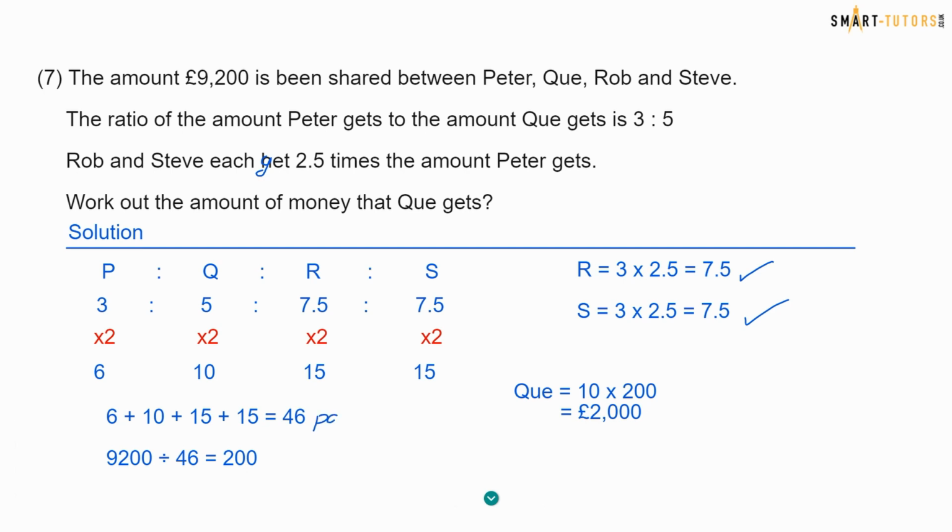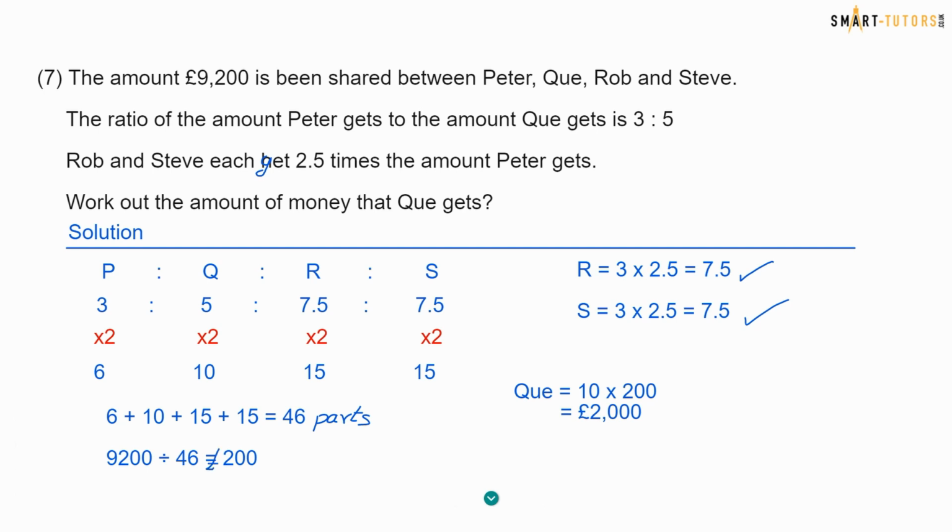So the total parts is 46 parts, right? So 9,200 is the amount being shared. So in the question actually, it's not 1000, it's 9,200. It's a mistake on the question. So 9,200 divided by 46 is 200, right? So one part is 200 pounds, right?